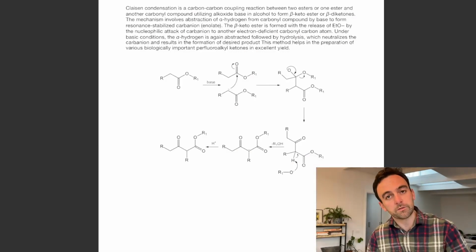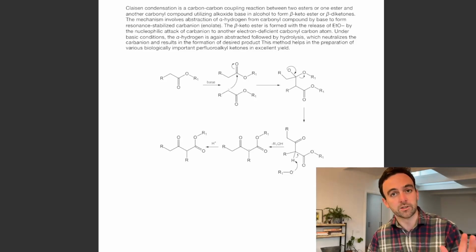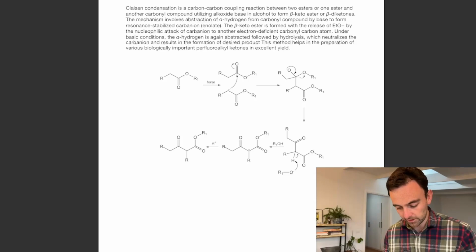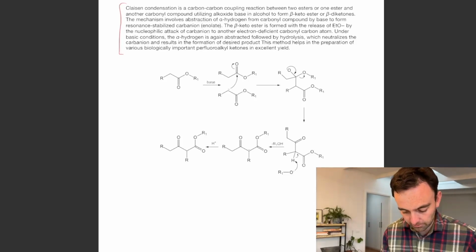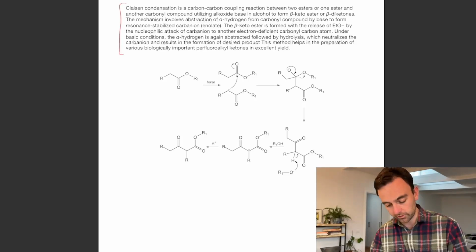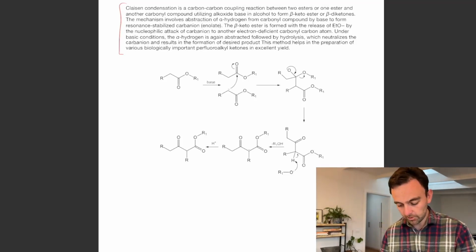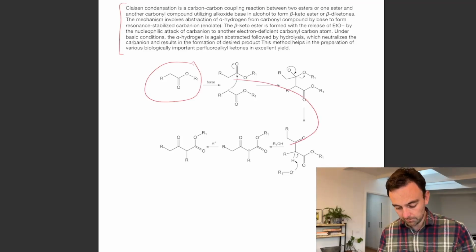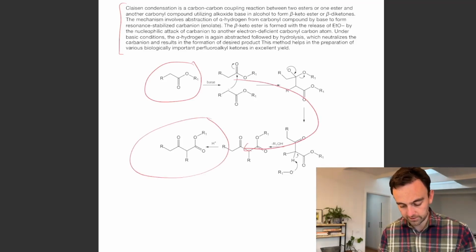Okay, so to finish off this video, what I've done is just find a random organic reaction on the internet, and hopefully you can see that this is something that could be in the GAMSAT. So you've got some information up here that is generally quite useless, just describing the reaction. And then you have your reactant, you'll have a number of steps, and then you'll have your product at the end.